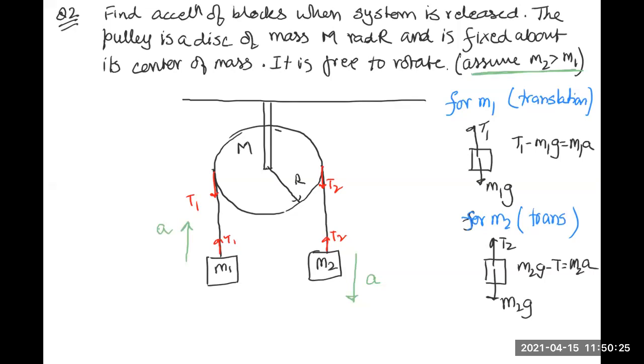T1, T2 सेम नहीं. अगर पुली आइडियल नहीं होगी, अगर पुली का मास होगा, तो हमारा जो ओरिजिनल assumption था कि एक स्ट्रिंग में टेंशन सेम रहता है, वो assumption अब valid नहीं होगा. So the pulley will have different tension. Same string will have different tensions on the two sides of the pulley.